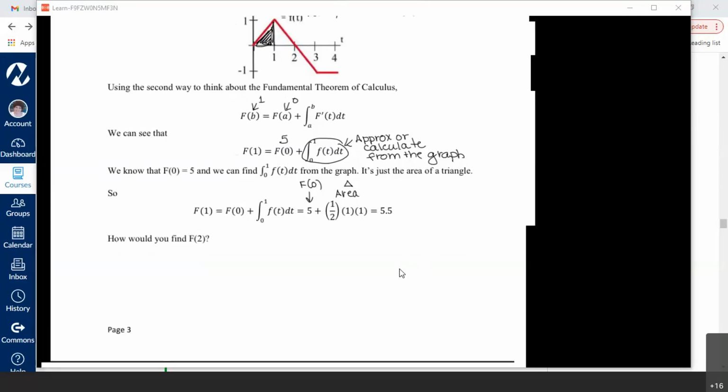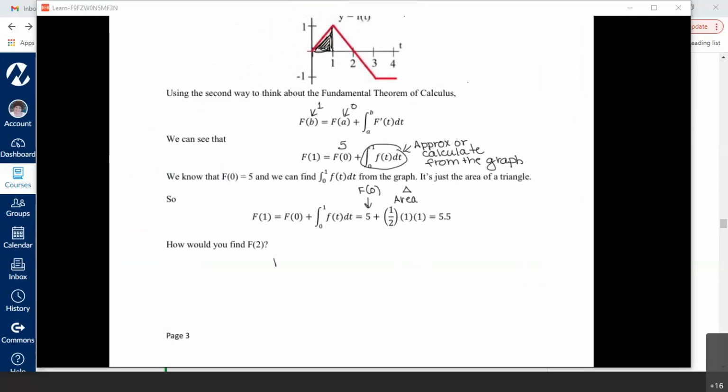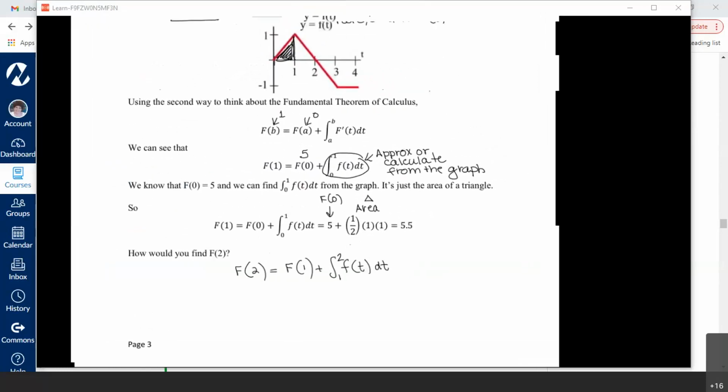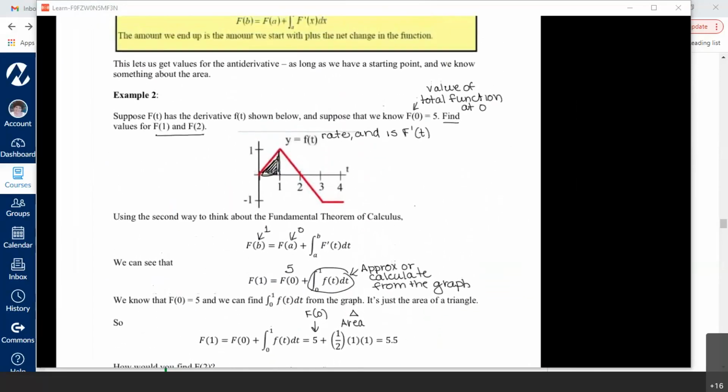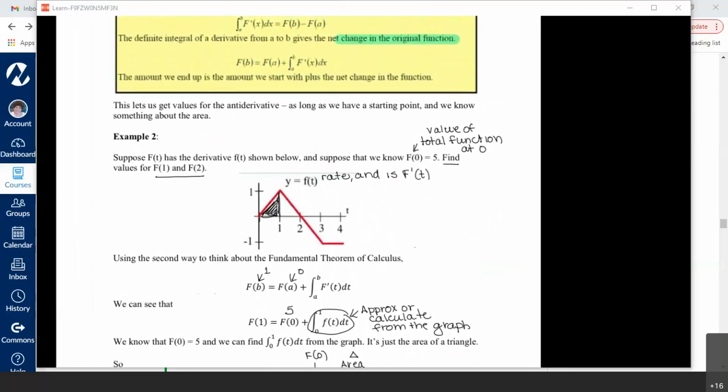How would you find f of 2? Well, that would be f of 1 plus the definite integral from 1 to 2 of the rate function. This is kind of the accumulated value, like they said up here, the net change.